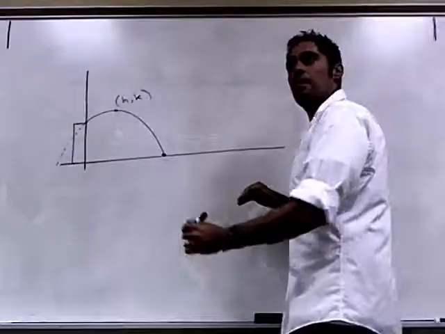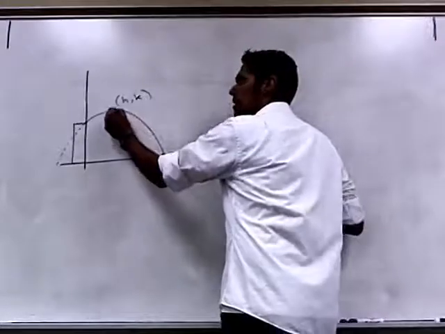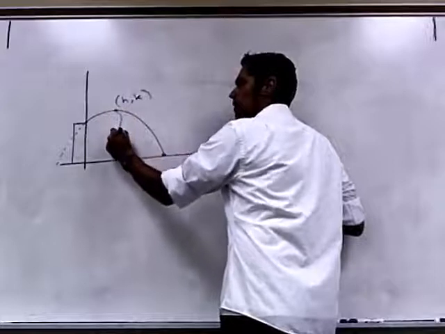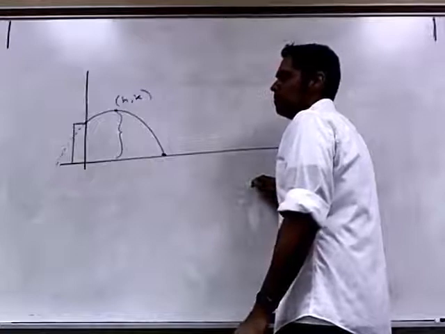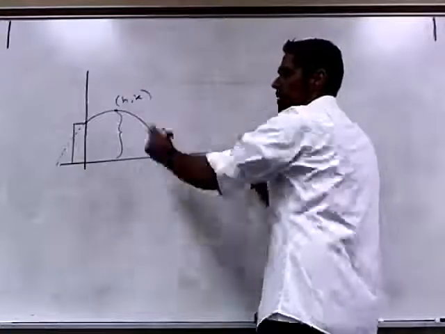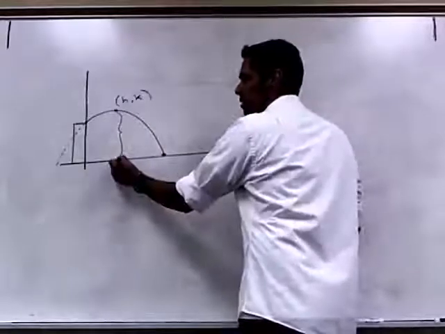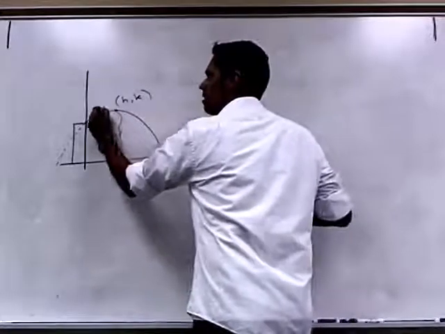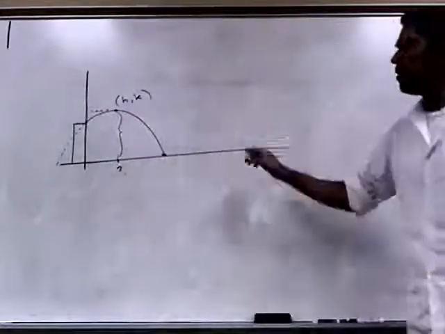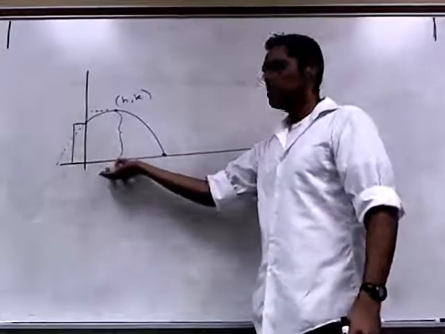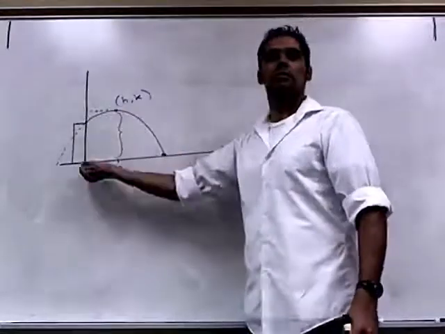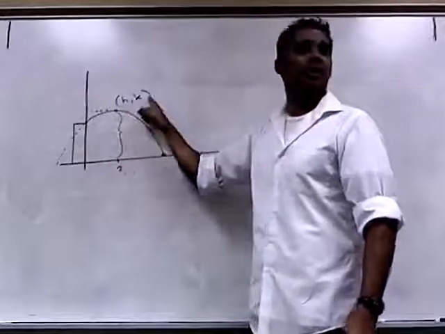What would be the height of this ball if it were thrown? What is that? In terms of this picture, what's this value and what's this value? How could you get to that point? You'd have to go out how much? Up how much? H and K, right?